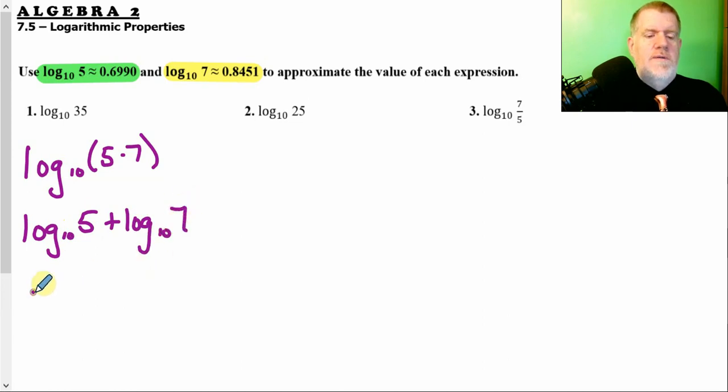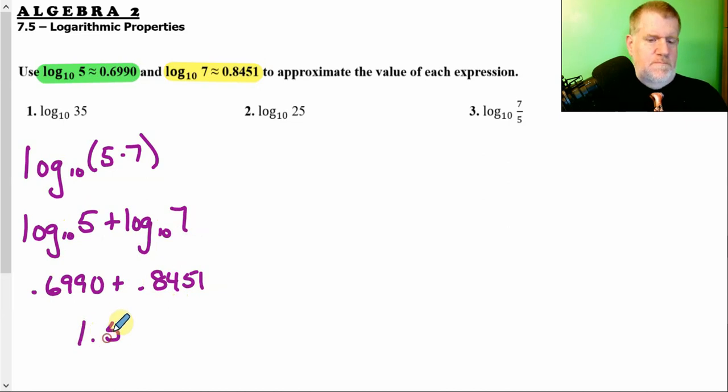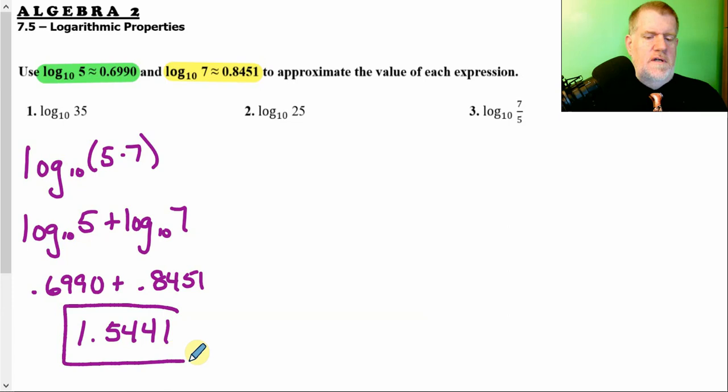So I'm going to take 0.6990 and add it to 0.8451. Add those two together. That's what I get, which means that 10 to that power is about 35. And let me see what it really says. I get 35.002. Pretty close.